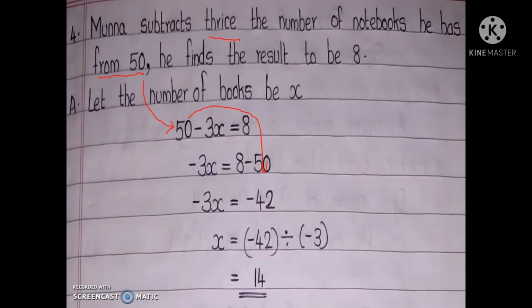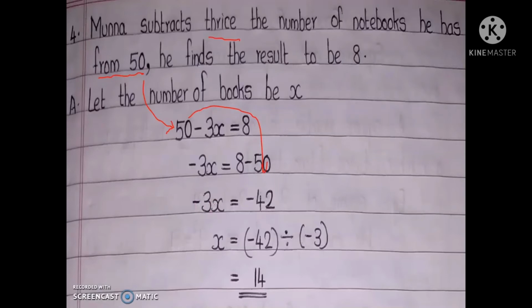Here minus 3 into x. So when I take to the other side, it becomes divided by negative 3. Students, don't get confused that this is a subtraction operation. This is the negative sign of 3. So minus 3 into x. How will you read this? Read it once again.